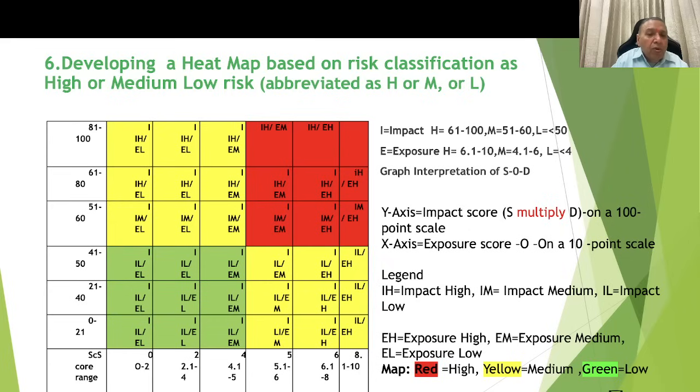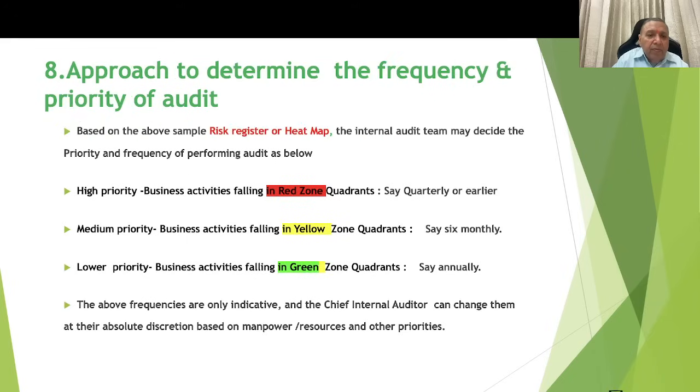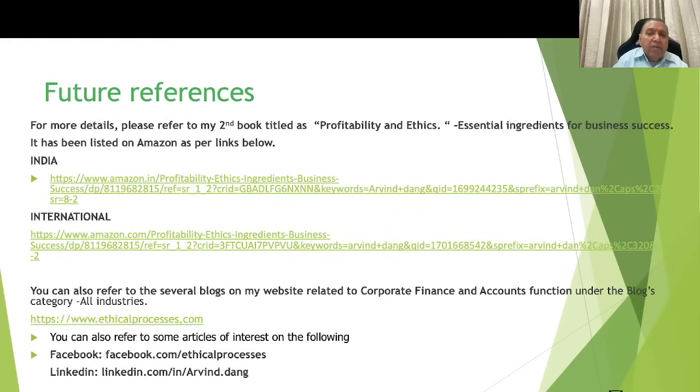These are the green zone, so there the frequency can be even annual. But these frequencies are purely indicative, and the chief internal auditor, in consultation with the CEO and based on the manpower and resources, can always change these frequencies and priorities.